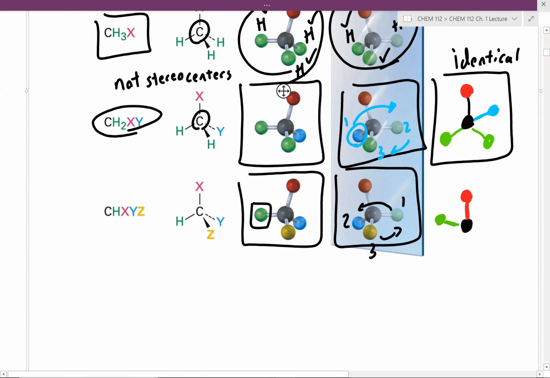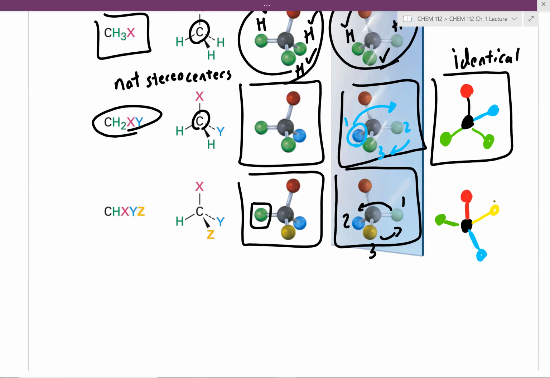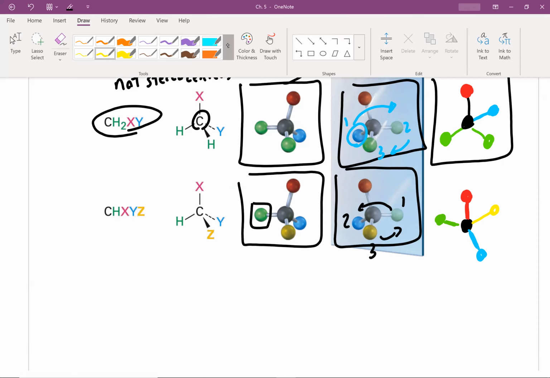Our blue substituent is now in the front, pointing towards us, and our yellow substituent is in the back, pointing away from us. And no matter how hard we try to overlay these 2 structures, they are non-superimposable.